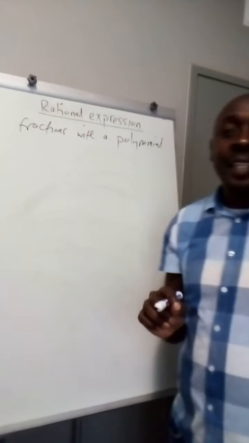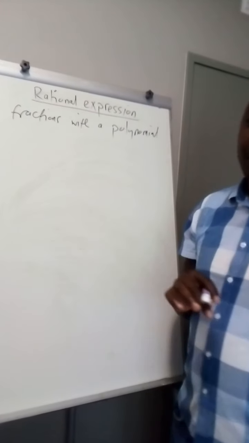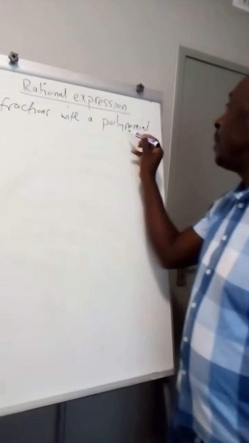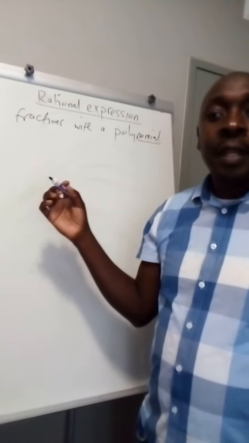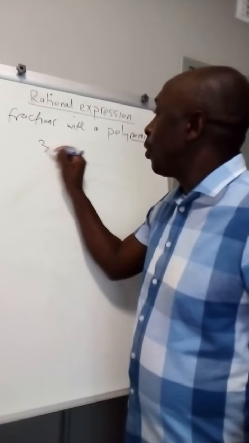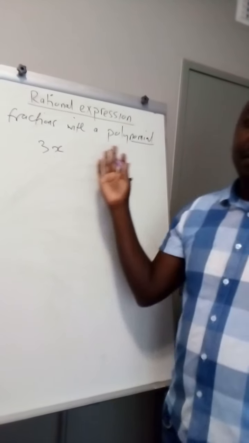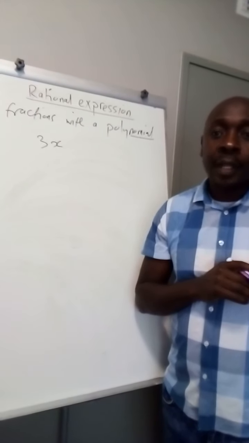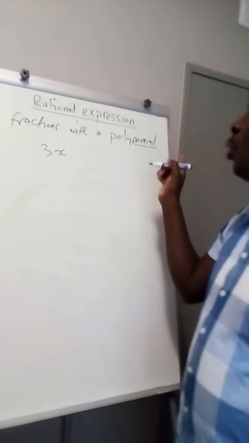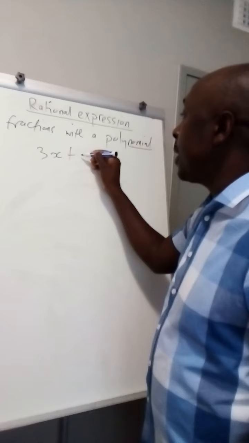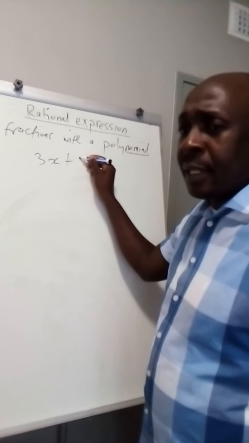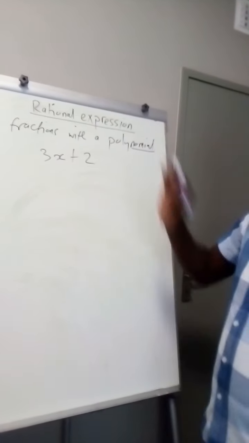So now the question is, what is a polynomial? Let me start with a nomial. A nomial is just a term, like 3x is a term. When you say a polynomial, which means many terms, I can have 3x plus 2.